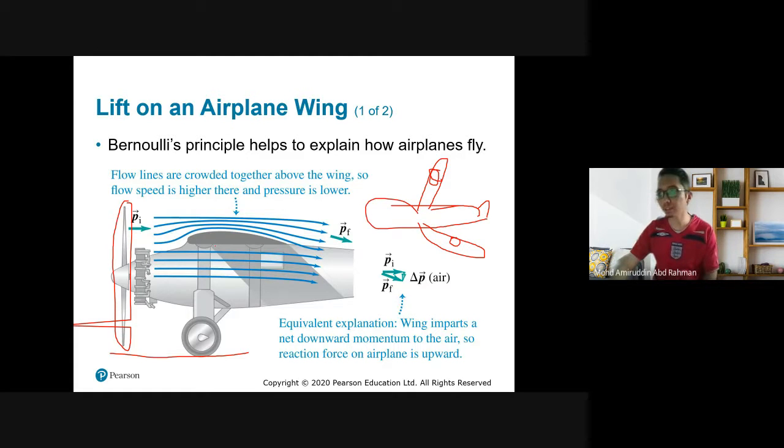But let's have a look at this plane. We have a fan in front here. You can see we have PI, the pressure over here, and then PF, P initial and PF. So the difference is the delta P. You see that PF is going to be a little bit more vertical, compared to P1, which is the horizontal one.